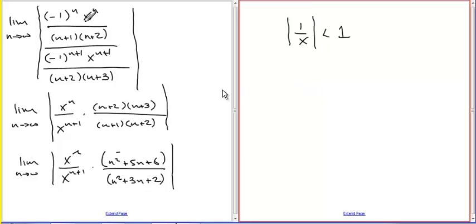So x to the n here, and x to the n plus 1, so we get 1 over x to the first power. So what do we do?